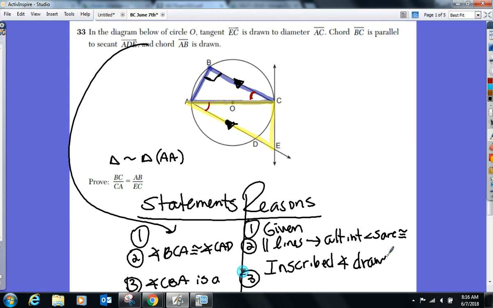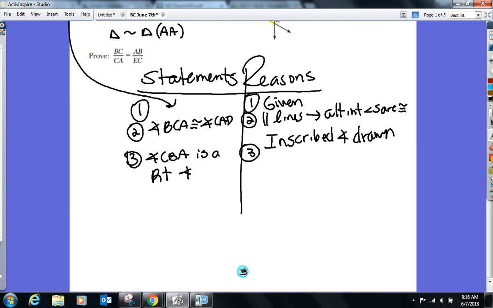You could also say drawn to a semicircle. Either one's fine. Drawn to a diameter is a right angle. Got to say it's inscribed. Just can't say angles drawn to or chords drawn to diameters. No, inscribed angle drawn to a diameter.